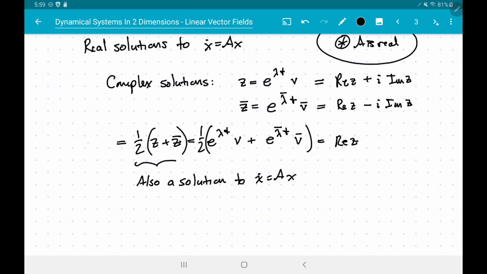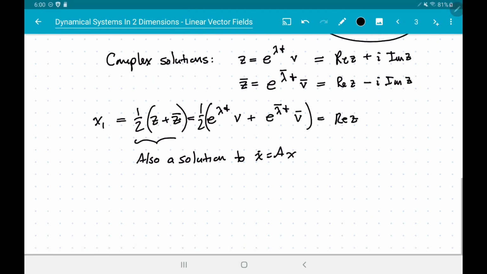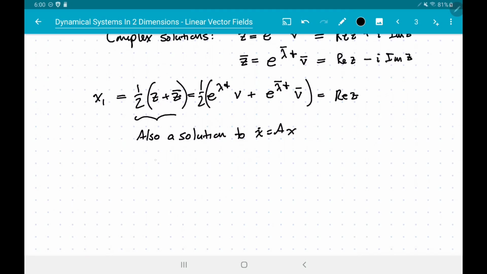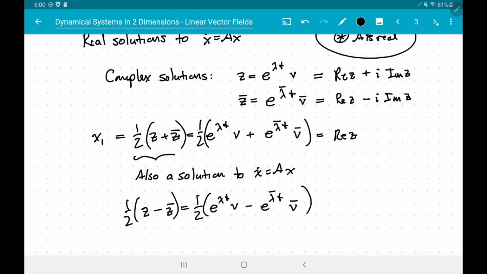And so I'm going to call this x1. Likewise, if I take z minus z bar, that gives me e to the lambda t v minus e to the lambda bar t v bar. And if I put a factor of 1/2, you'll see that the real parts cancel out, and I'll be left with twice the imaginary part.